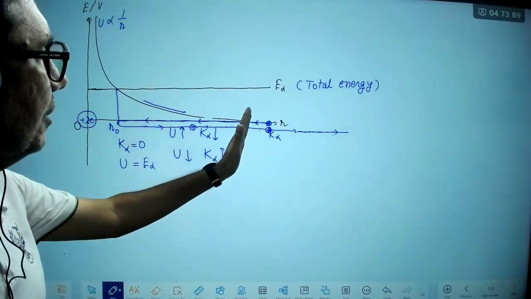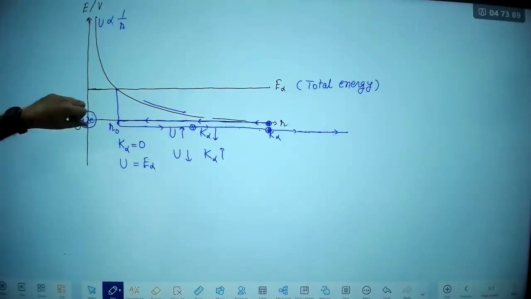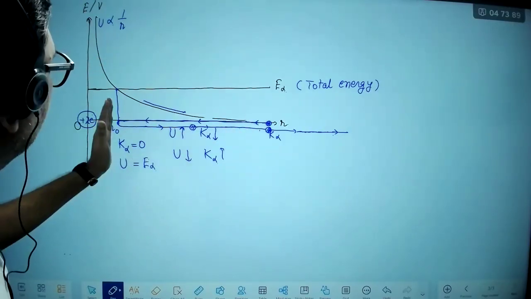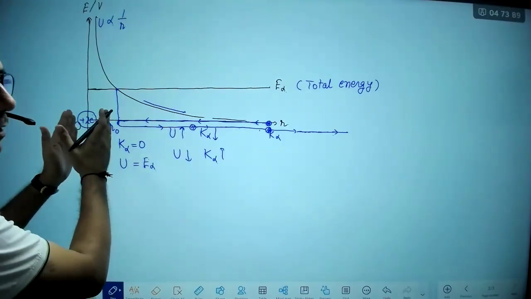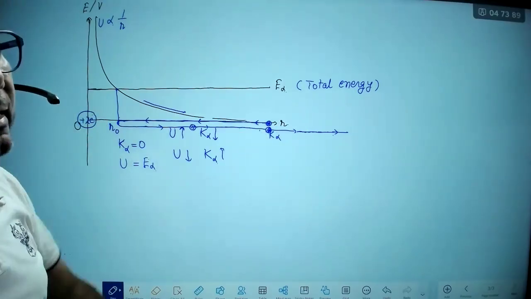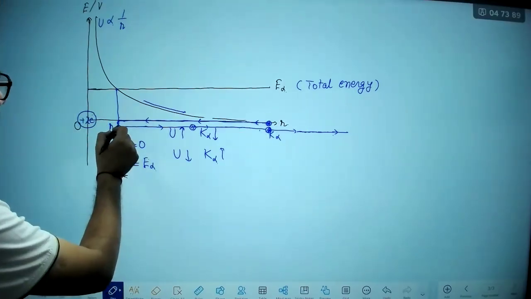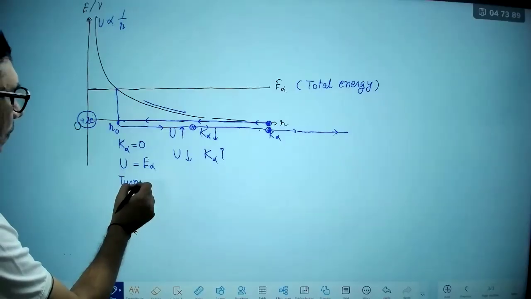Here, the particle is coming, interacting with this potential created due to this nuclei, and it will reach towards the nuclei up to a particular distance. After that, it will be reflected back from the turning point. So this point is called the turning point. The particle does not enter the 0 to R0 region.